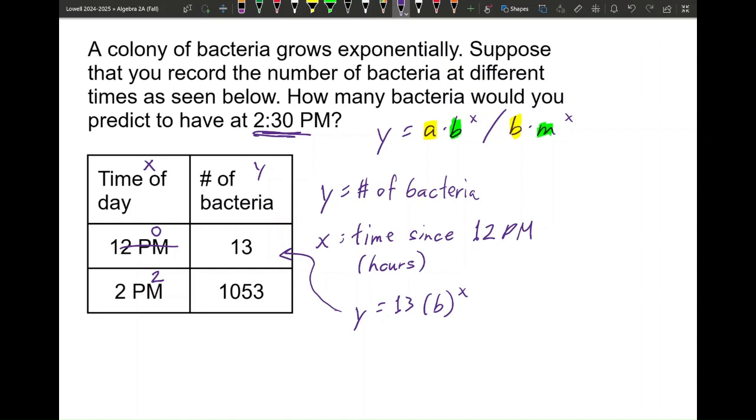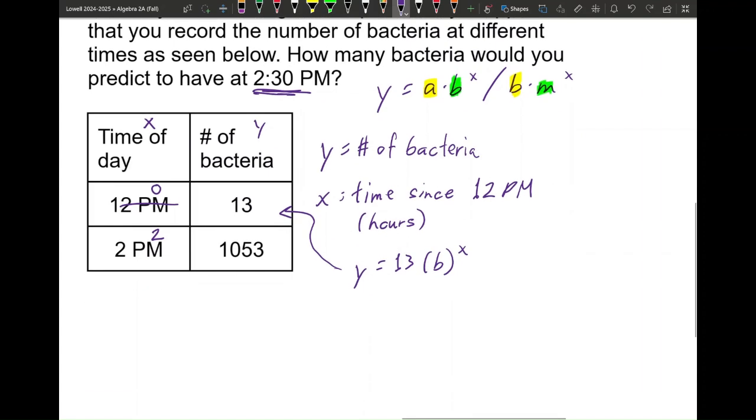We can just plug in the second point, (2, 1053), to get that multiplier. So 1053 equals 13 b squared. If I divide both sides by 13, I get 81. I did this scratch work on the side. Therefore my multiplier is 9, the square root of 81.